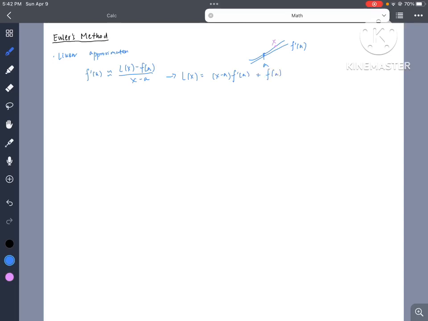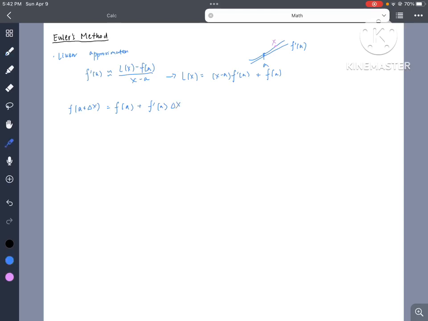So in Calc BC, now that we know how to use differential equations, we can similarly find the solution of first order differential equations numerically. The formula in this case will be f of a plus delta x is equal to f of a plus f prime of a times delta x.